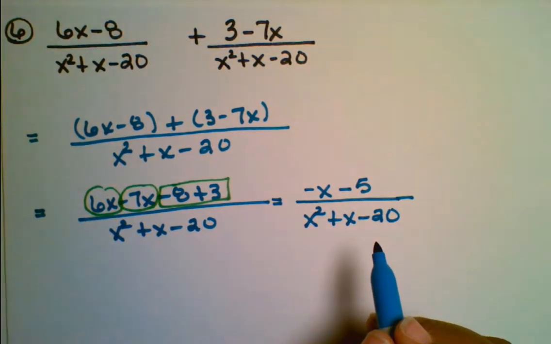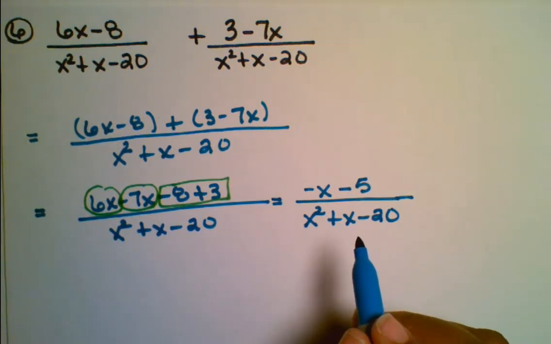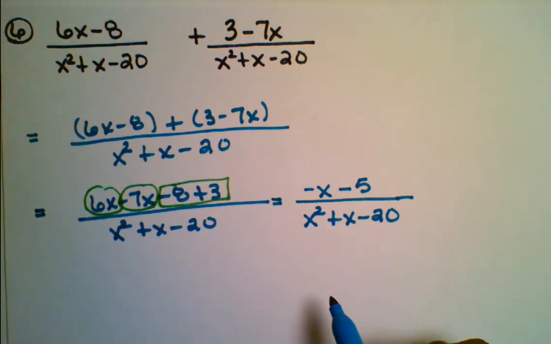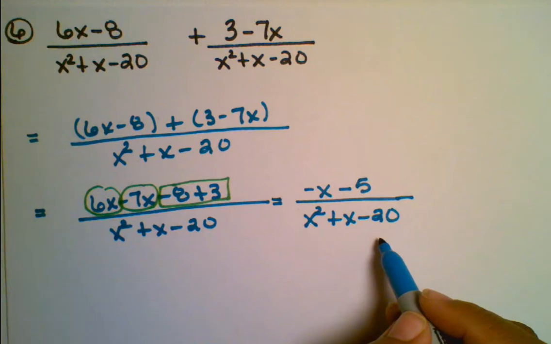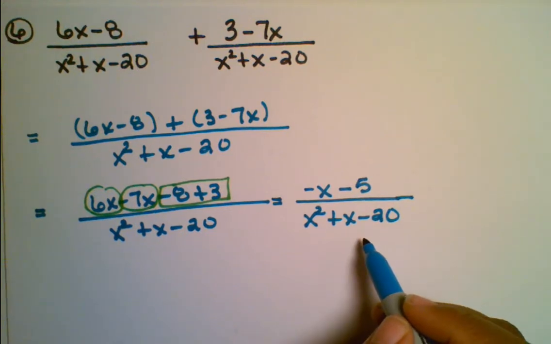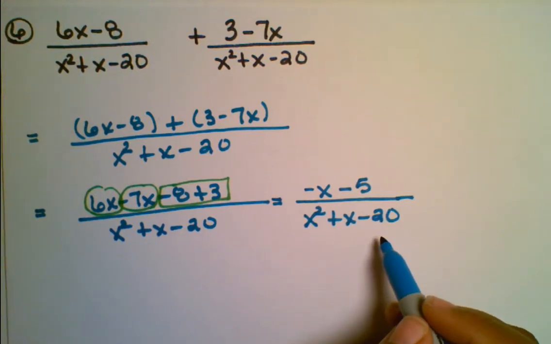Now the examples that we've completed so far, there was one that we needed to factor out using the factoring method of the difference of two squares. But remember, when we add or subtract polynomials, we want to factor last. So I'm looking at our solution. I'm noticing that our denominator is a trinomial, and I want us to factor that to see if we can come up with some factors.